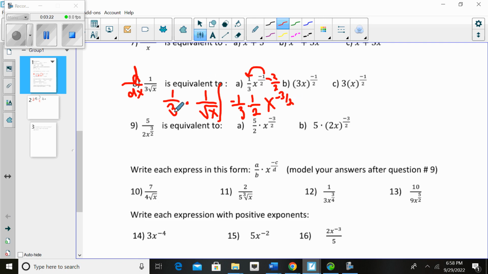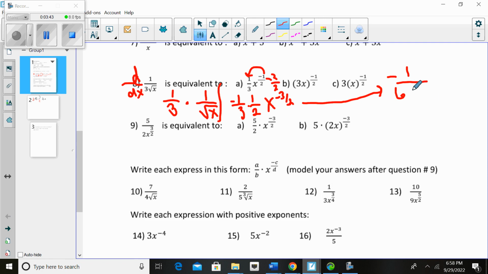Then we do what I call the cleanup step. This was the step where we rewrote, and this is the cleanup step where we combine our like terms and we decide what's upstairs and what's downstairs. So I have a 1 upstairs, a 6 downstairs, and then I have negative exponents.